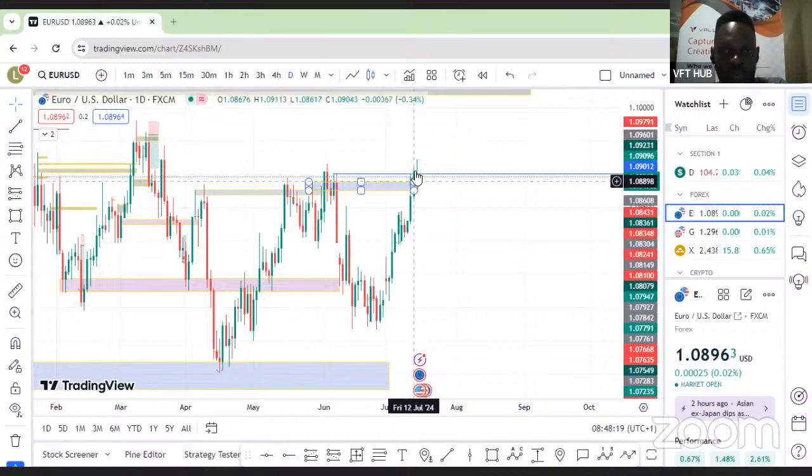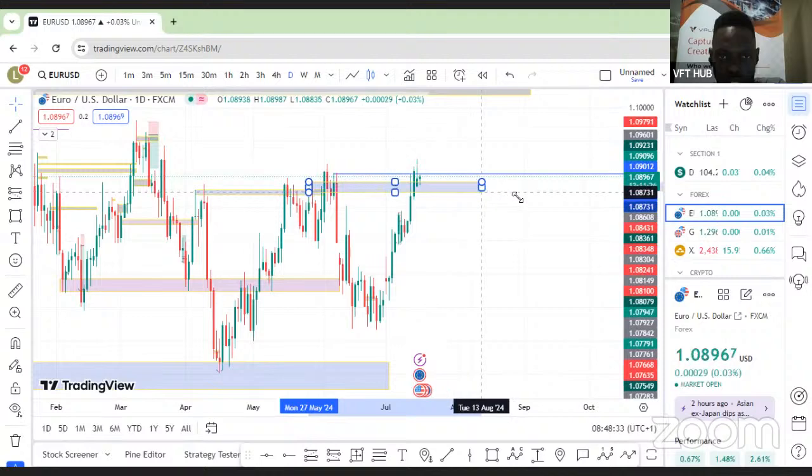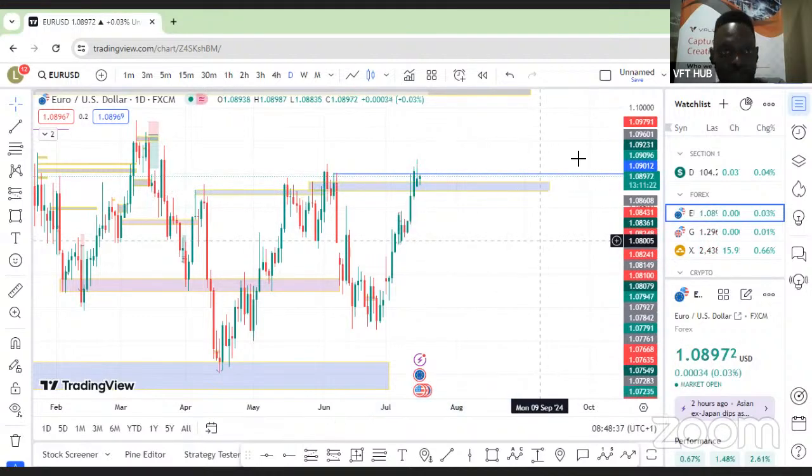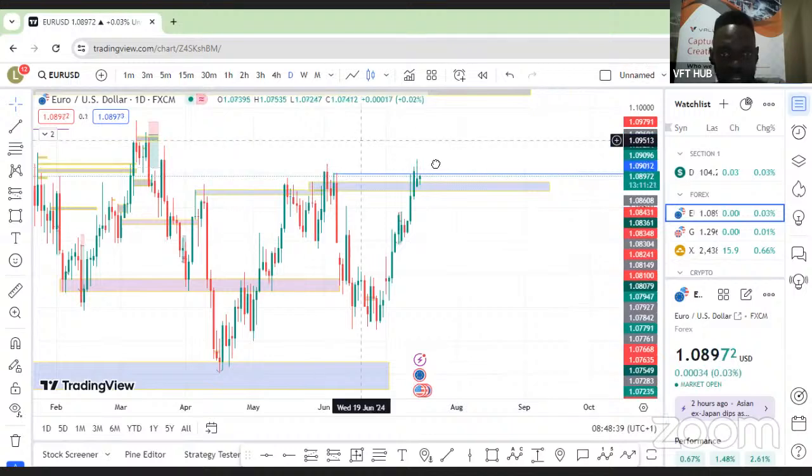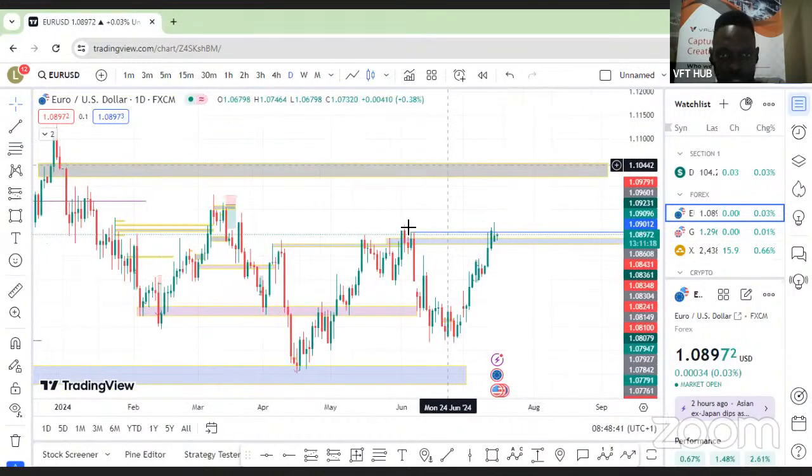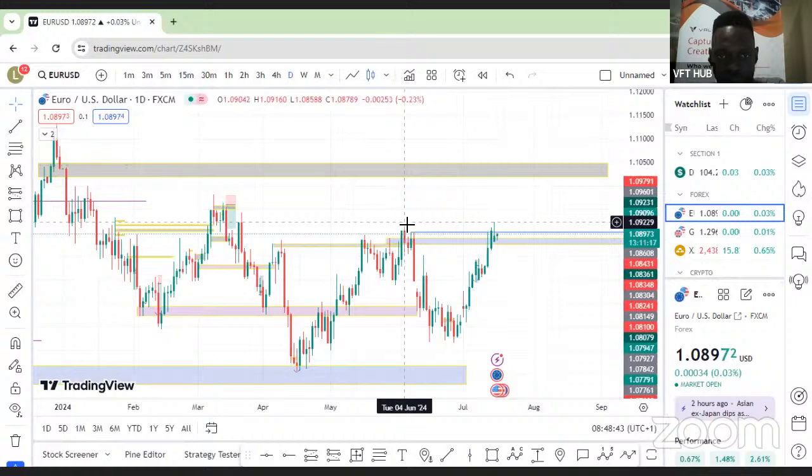If you see a buy to the upside, the moment price comes back to this zone here, you can easily just follow through and buy to the top.